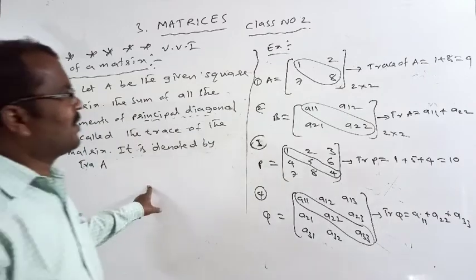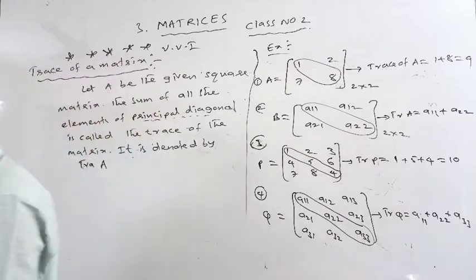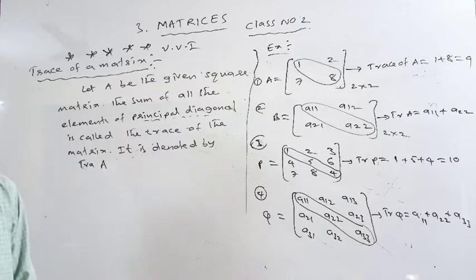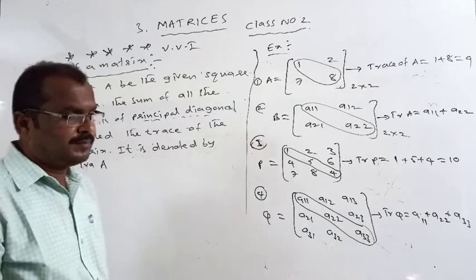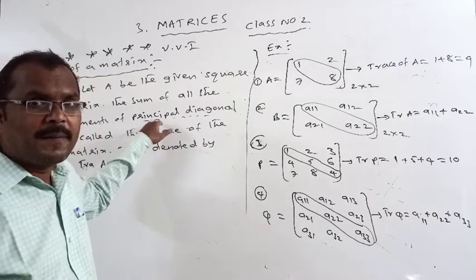Very simple definition: the sum of all the elements of the principal diagonal. Just see the definition once again.